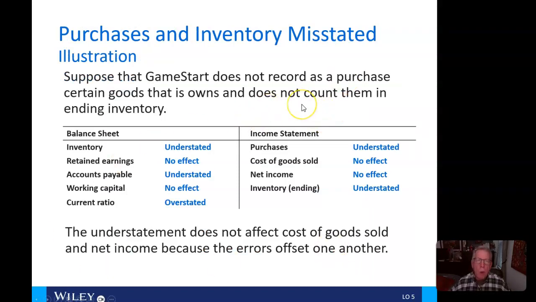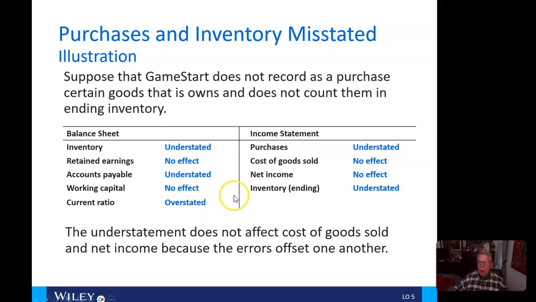So if it doesn't record as a purchase certain goods that it owns and does not count them in ending inventory, we're going to understate that inventory. Let's take a look at the retained earnings here for that, and we don't count them in ending inventory. So ending inventory is understated here.